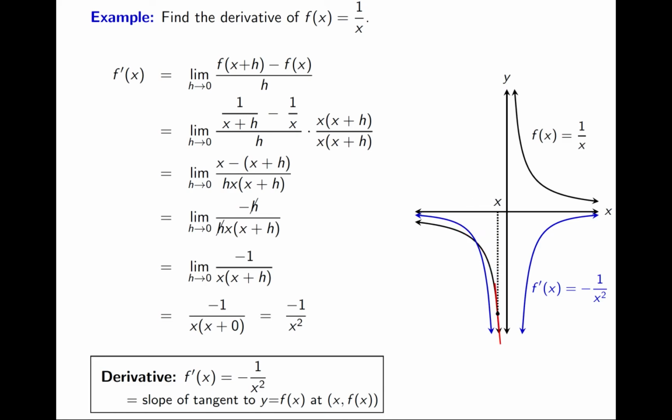That tangent slope gets steeper and steeper, becoming a bigger and bigger negative number, and that's exactly what the derivative is doing. It's becoming bigger and bigger in the negative direction. So you can see here that this derivative, f prime of x equals negative 1 over x squared, really is measuring the slope of tangent lines to the graph of f of x equals 1 over x.